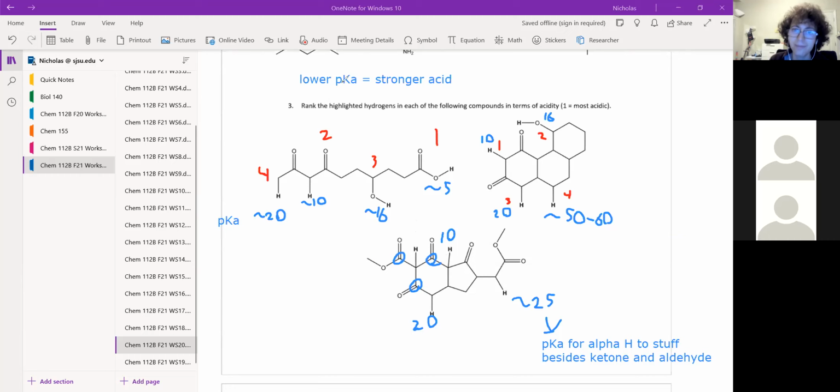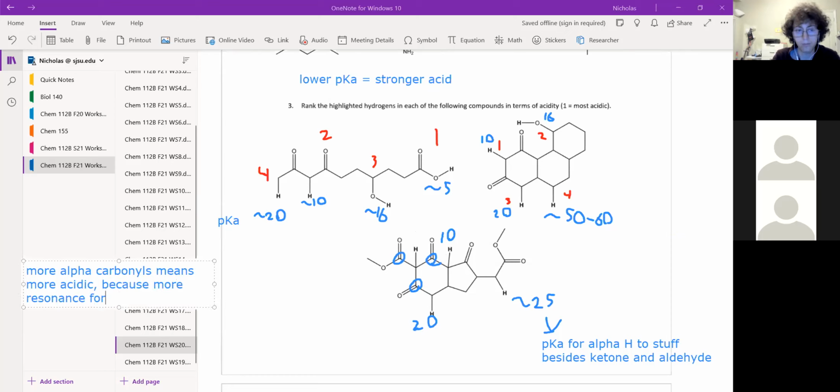So I'll just put that as a note. So I don't have a value for the pKa, but that should be the strongest acid because it has a lot of alpha carbonyls. And then this should be 2, this should be 3, and that should be 4.